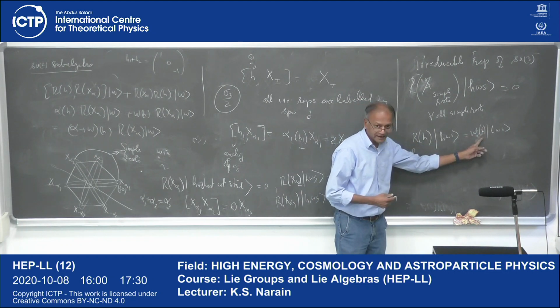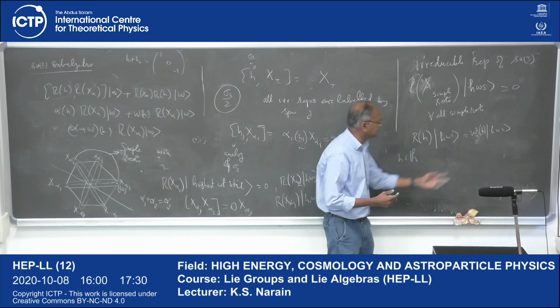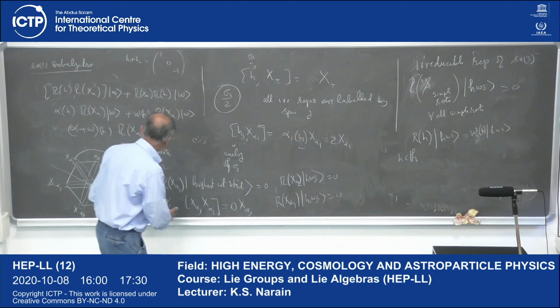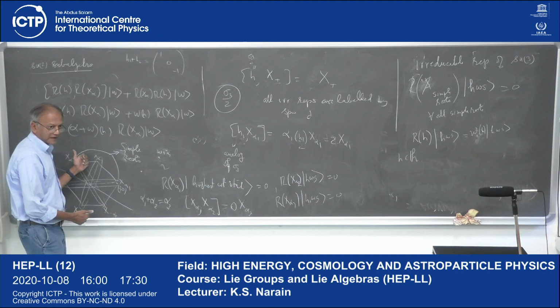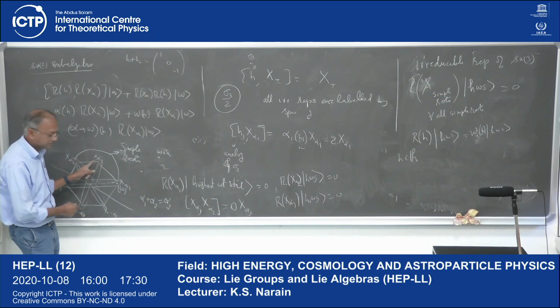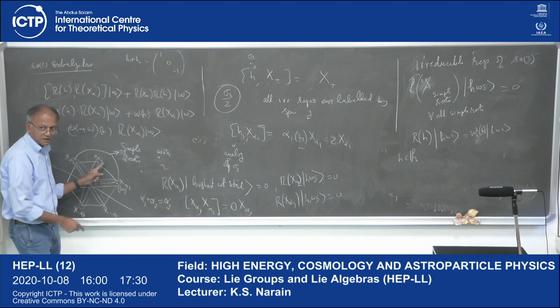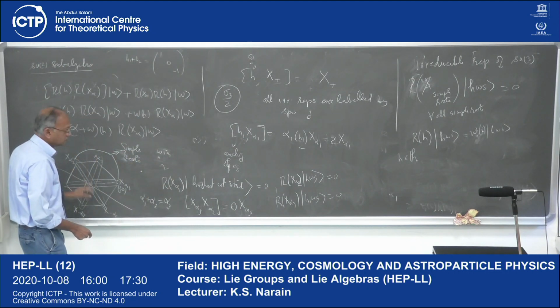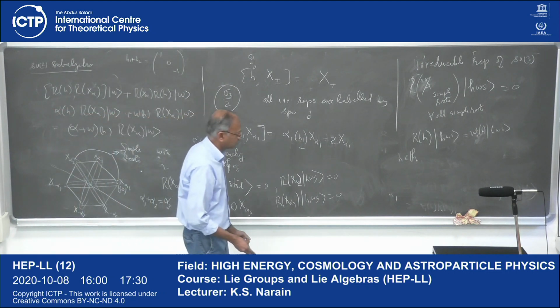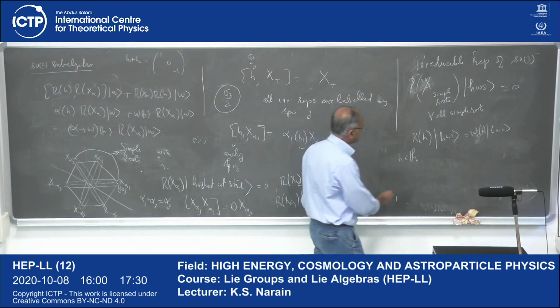So this will be like 2J, but now you have several J quantum numbers. J quantum number with respect to that and with respect to that. Actually 2, because this one is automatic, because this is the commutator of these two. So you have the two SU2 subalgebras, H1 and H2. So it will have two components.